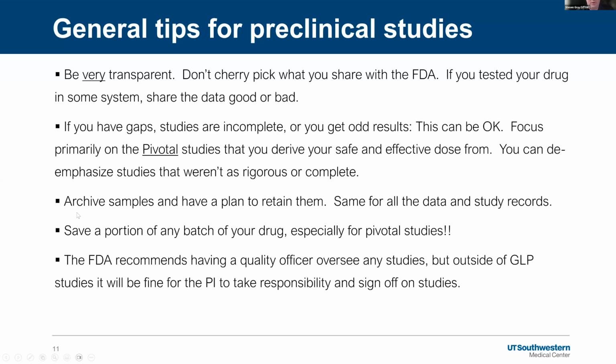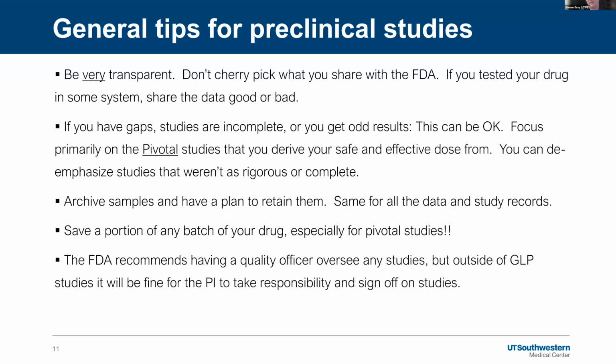I think it's important, especially for your pivotal studies that determine your safe and effective dose, that you really archive all the samples that come out of those studies. A lot of times, we can design a study and say, look, we're only going to analyze these few tissues, but we're going to archive a larger set of tissues just in case a question comes up.